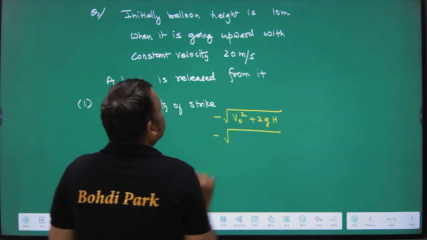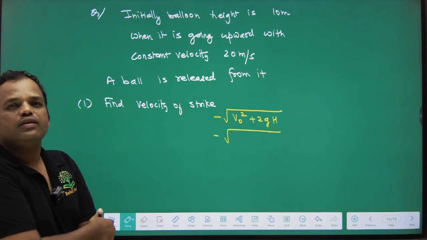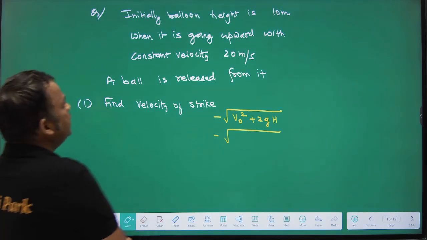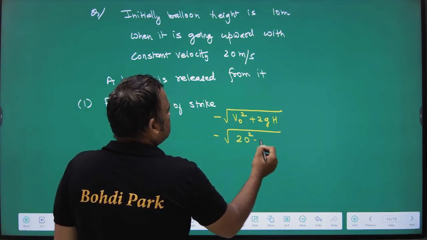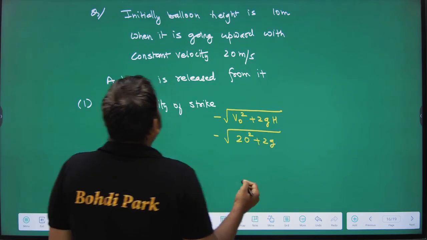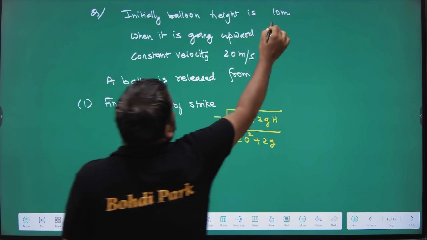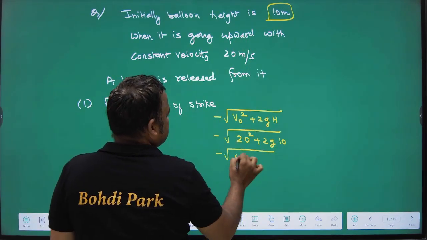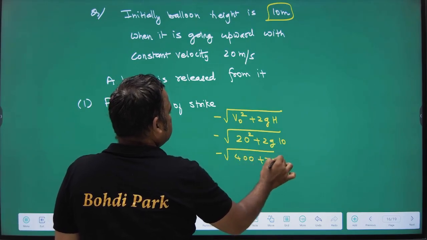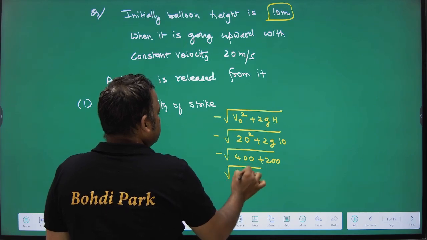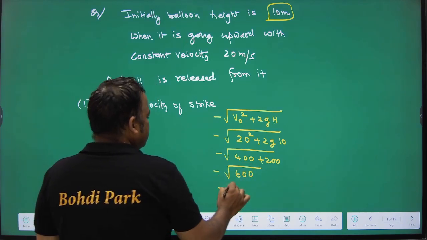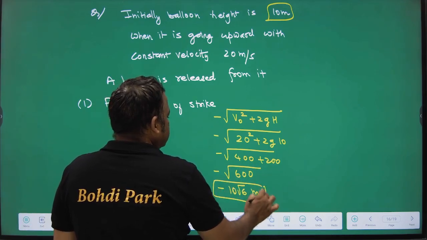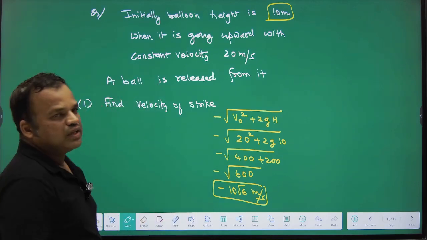V naught is the initial velocity of the balloon, which is equal to 20, and the height of balloon when the ball is released is 10 meter. So this is minus square root of 400 plus 200, so minus square root of 600, or we can say minus 10 root 6 meter per second. So this is the velocity of strike.